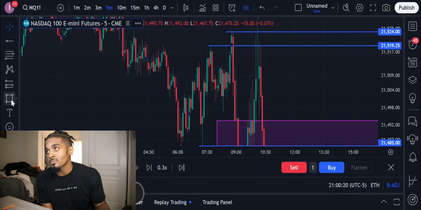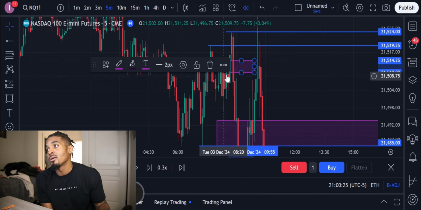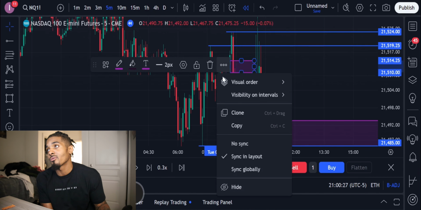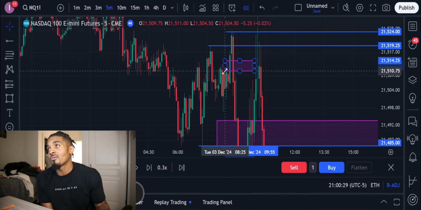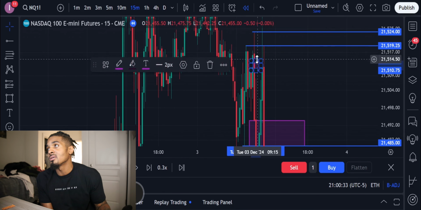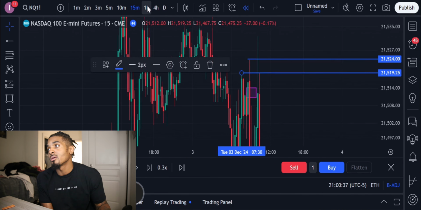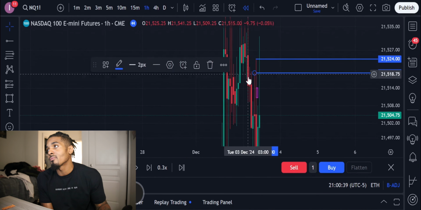Cause look, you don't even gotta look at higher time frames for right here. Look, this 5-minute right here. You could go on the shorter time frame and see whatever. Regardless, liquidity was swept right here. Is this an hourly fair value gap?